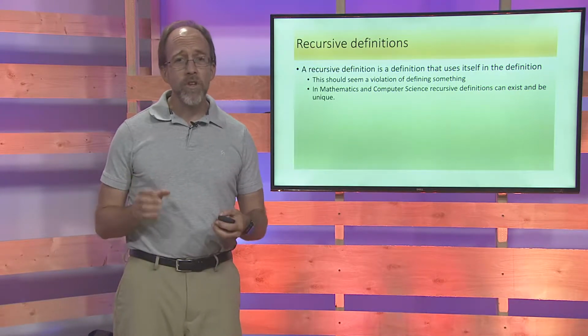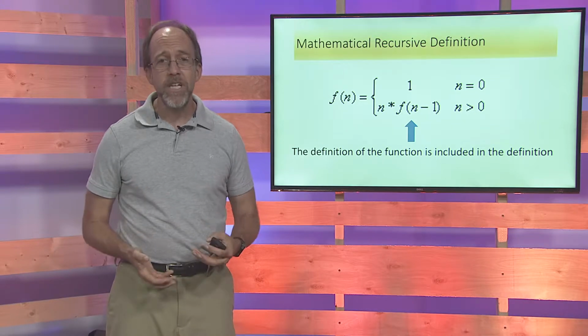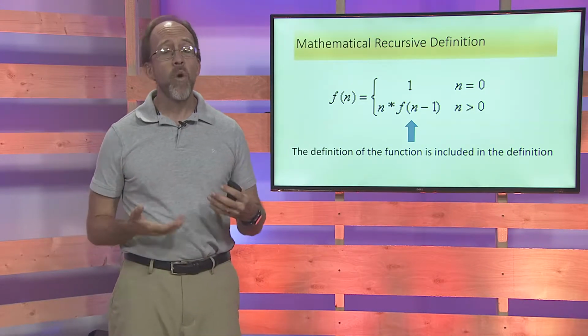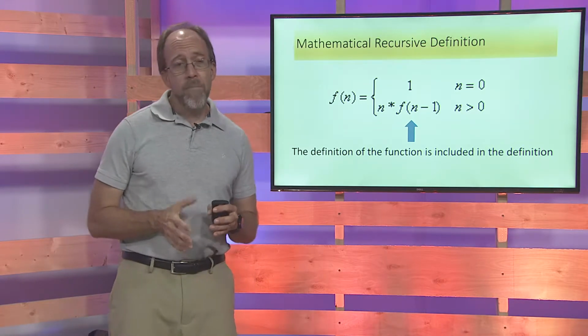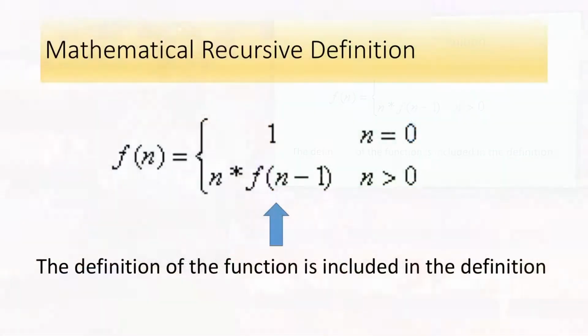So let's look at a simple mathematically recursive definition. This is the definition of factorial. The function of n: if n is equal to 0, it's 1. No problem.